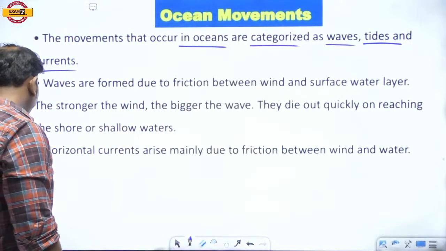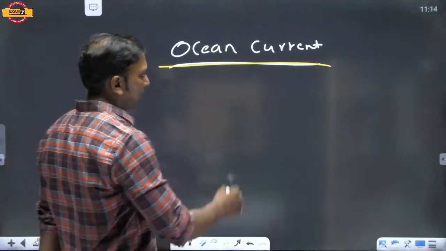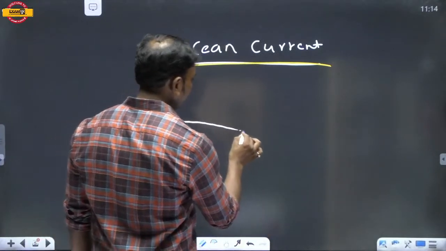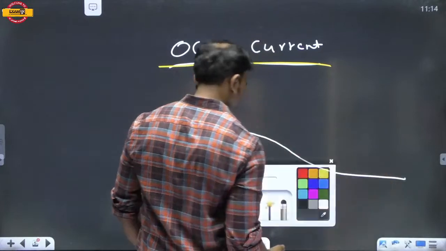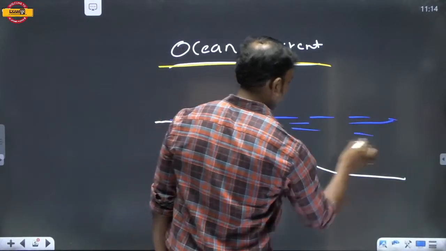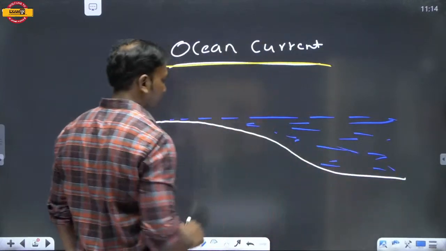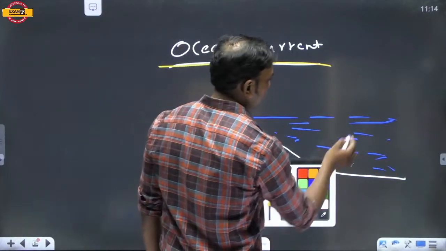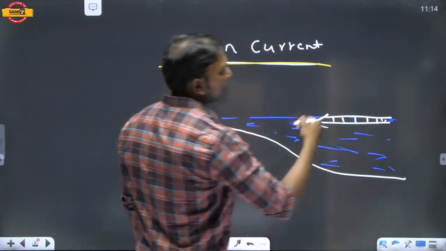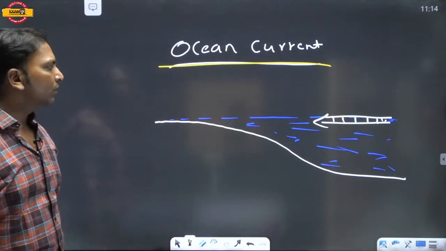So I am giving an example. See, this is the coastal area, and this is the ocean. The current is moving towards this coastal region.